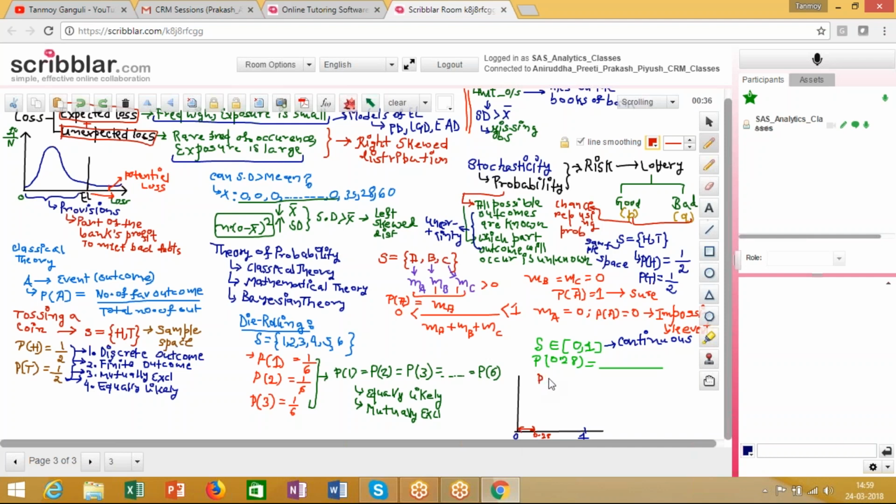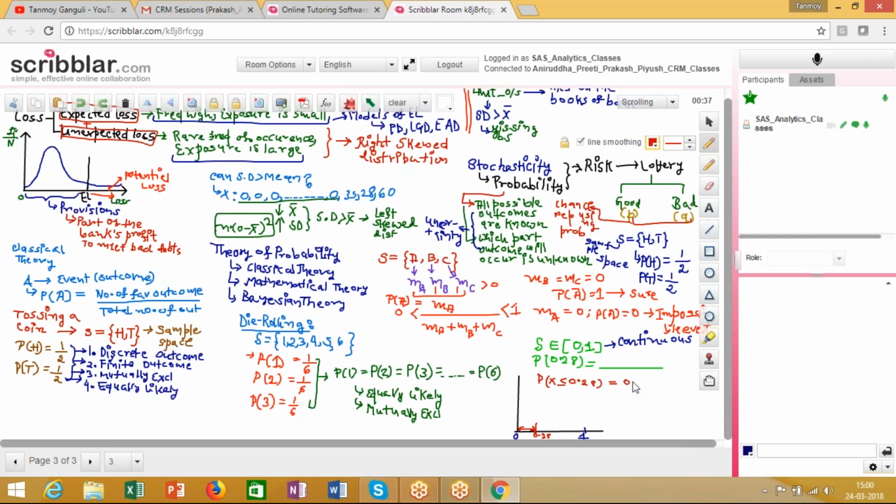So we are trying to understand the probability that this variable will take a value less than or equal to 0.28. The total number of favorable events will be the length of the line segment between 0.28 and 0.